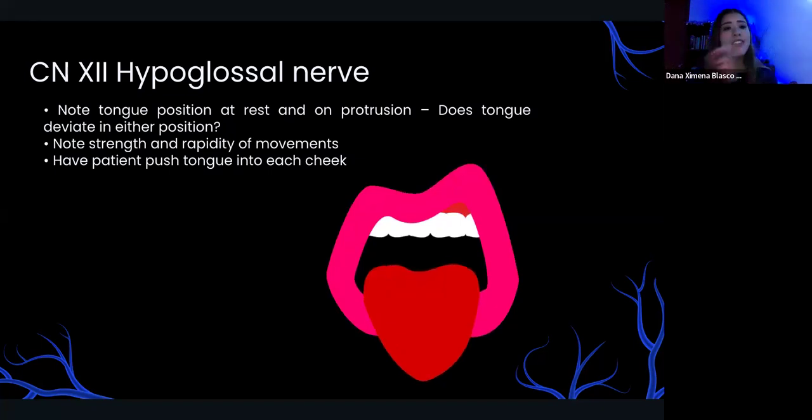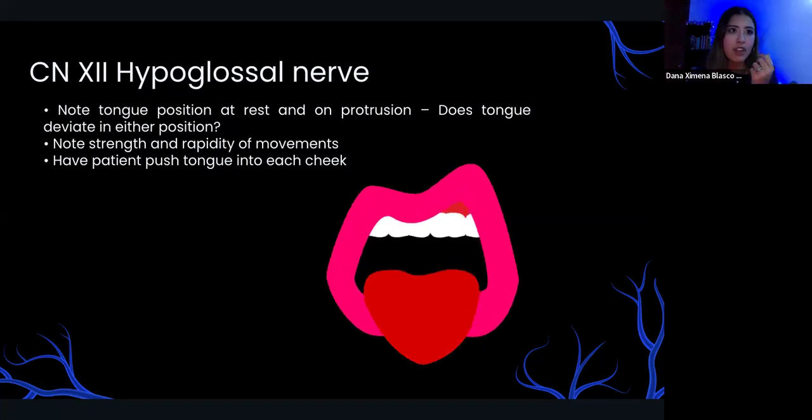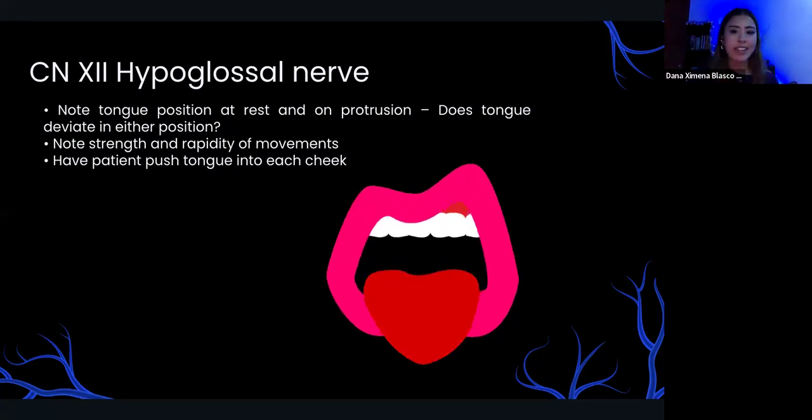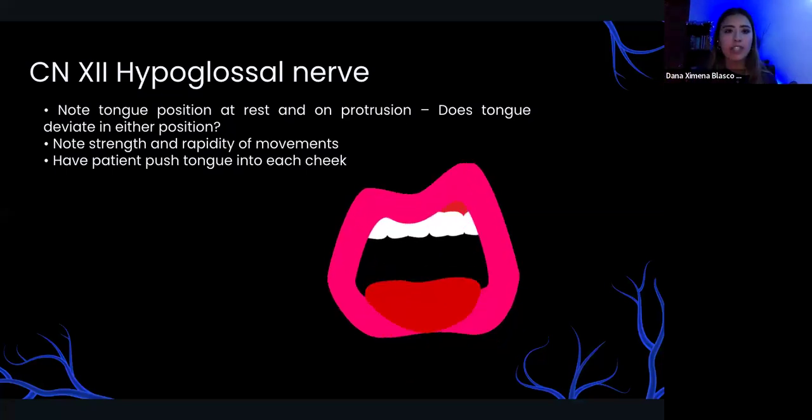And if the tongue deviates in either position, that could be a lesion of the hypoglossal nerve. You can also examine the strength and rapidity of movements, and have the patient push the tongue into each cheek, like move your tongue to this side, to this side. That's normal. Okay, great.